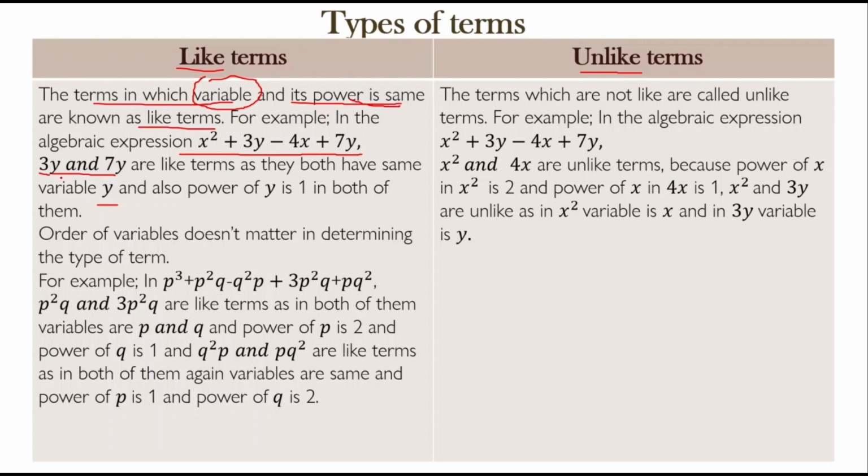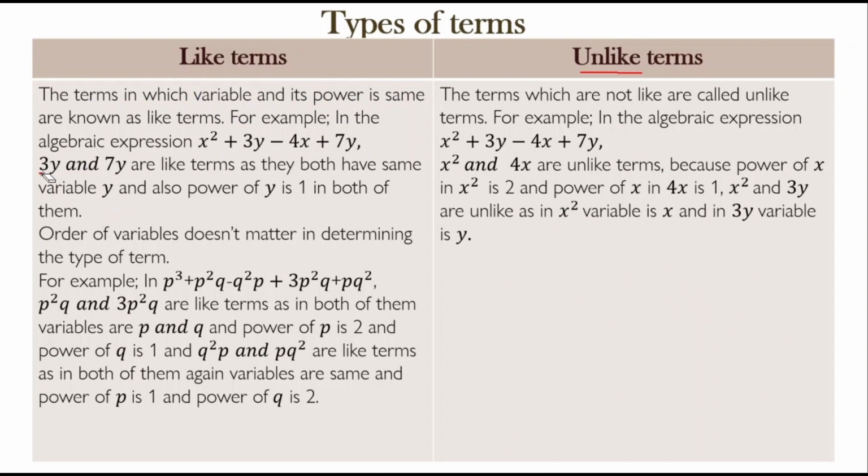Here, in 3y, the power of y is 1. Why? Because y square means y is getting multiplied 2 times, right? So if y is written just 1 time, it means y is raised to power 1. So in both 3y and 7y, the power of y is 1. And since the variables are the same and the powers of the variables are the same, therefore 3y and 7y are like terms.